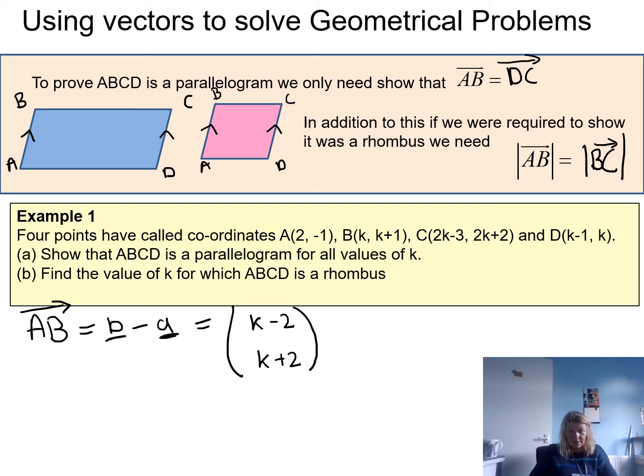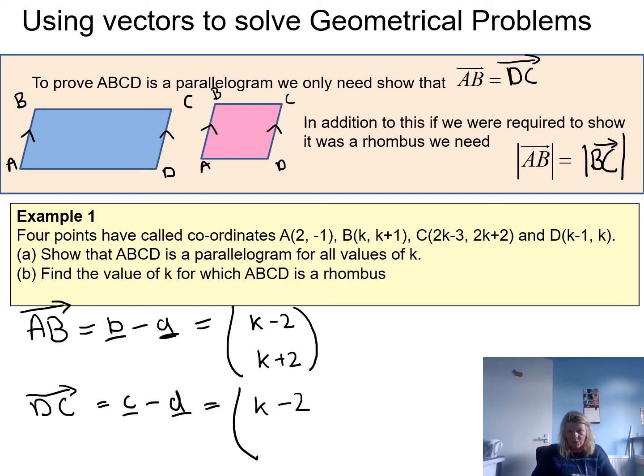Vector D to C will be C take D, so we end up with 2K take away K, which is K. We've got -3 take 1, so that becomes add 1, so that's -2.